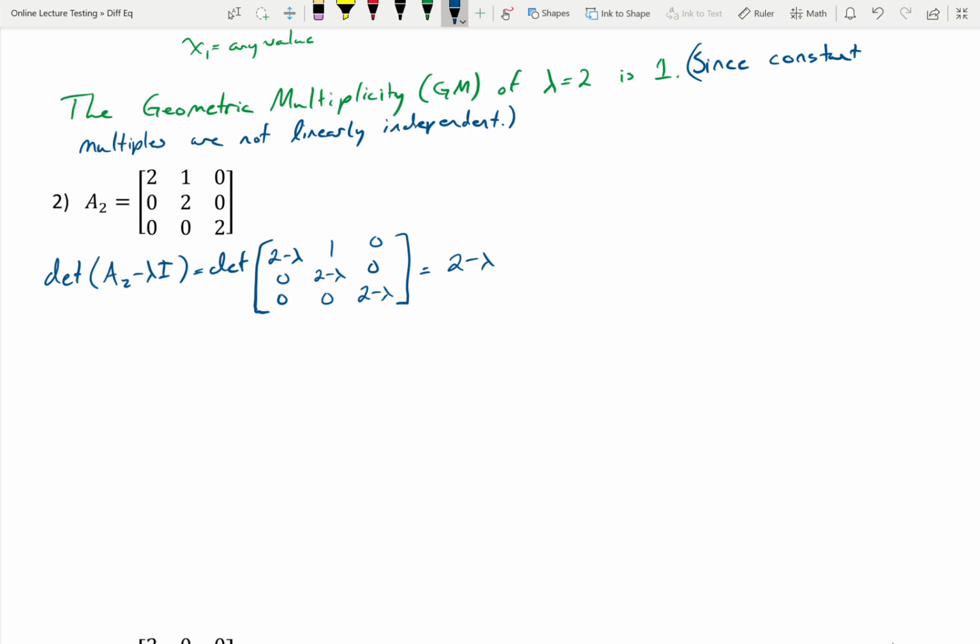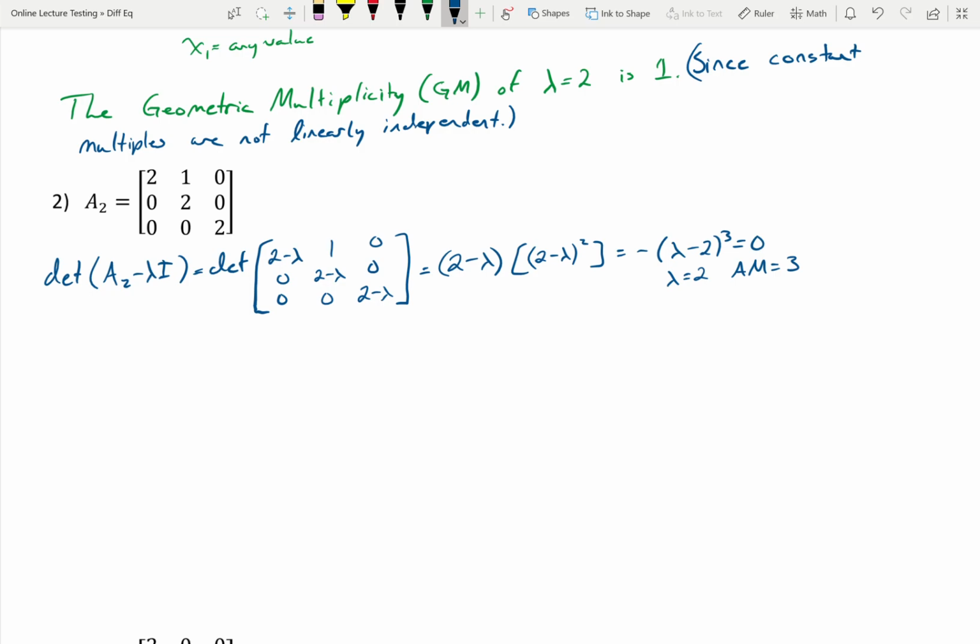So 2 minus lambda times 2 minus lambda, the quantity squared. So that's going to give us negative, or lambda minus 2 cubed is equal to 0. So lambda is equal to 2. AM of this particular one is equal to 3. So again, multiplicity 3.